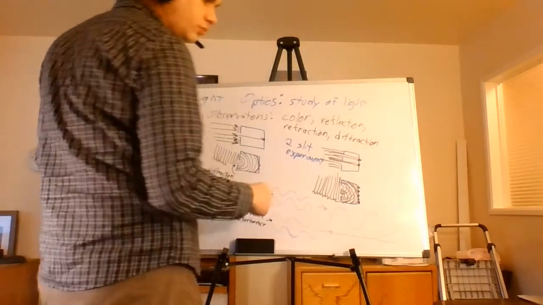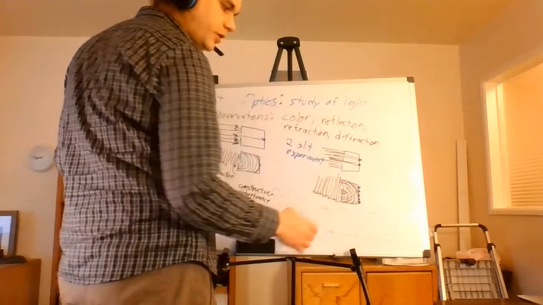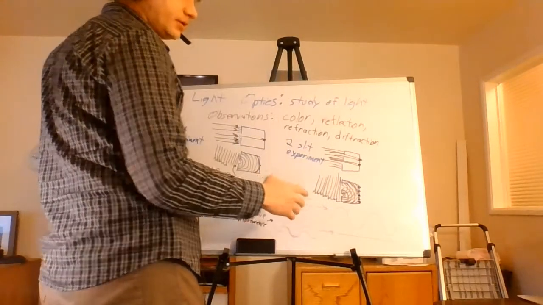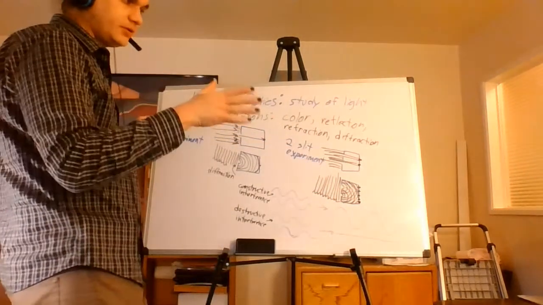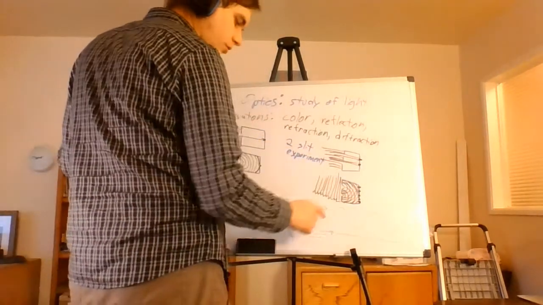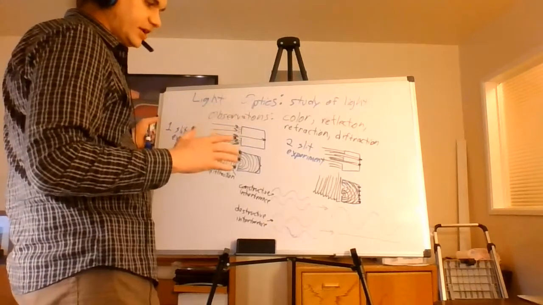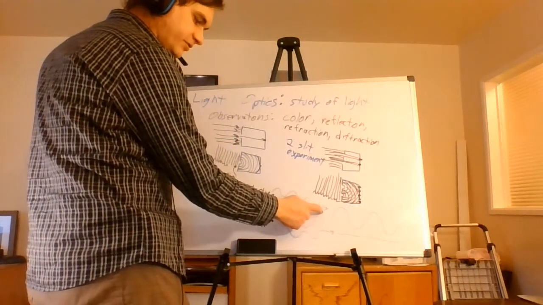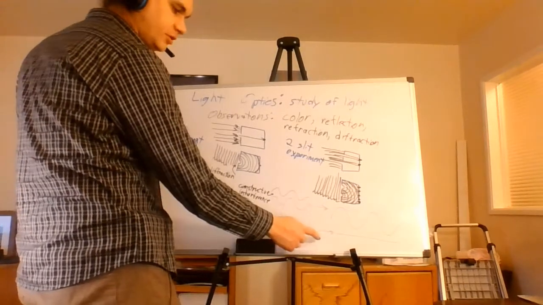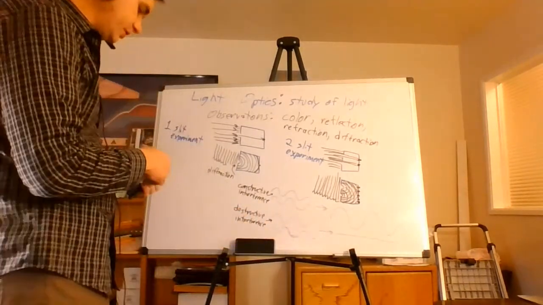So over here, where you end up actually seeing the spots on the end from the energy hitting the wall, you end up seeing bright spots wherever the waves interfere constructively, and dark spots where they interfere destructively.